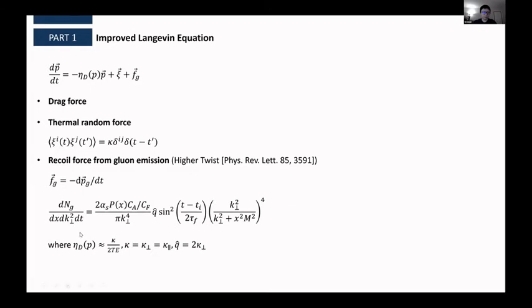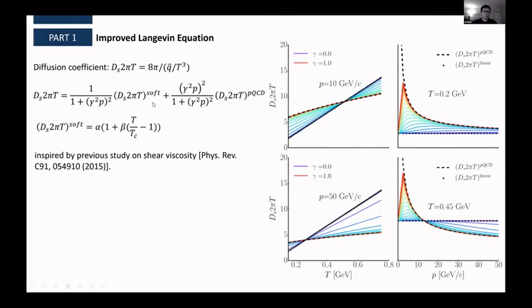We also have the Einstein relation, and those relations that relate the diffusion coefficients and the q hat. What we generally use is this diffusion coefficient Ds 2 pi T, which relates to q hat by this formula.